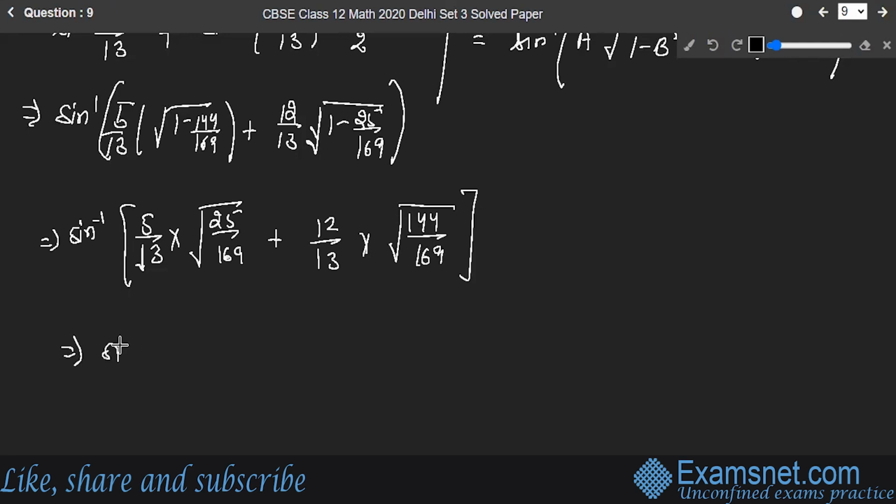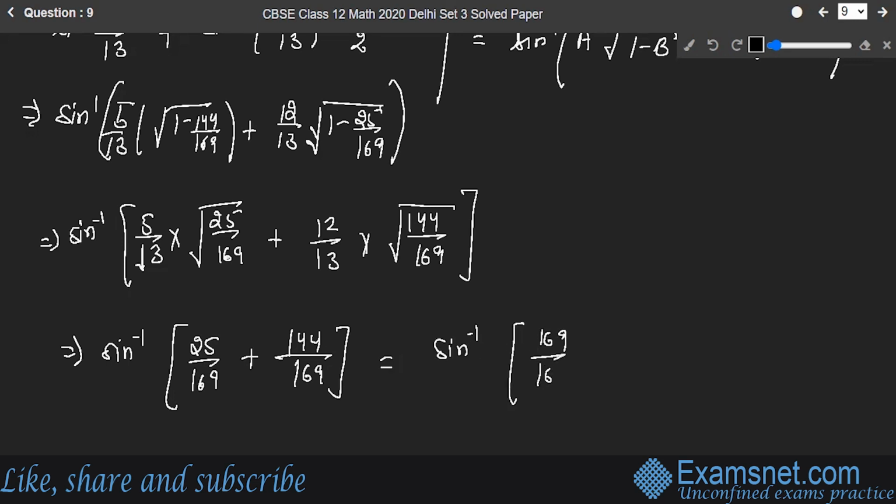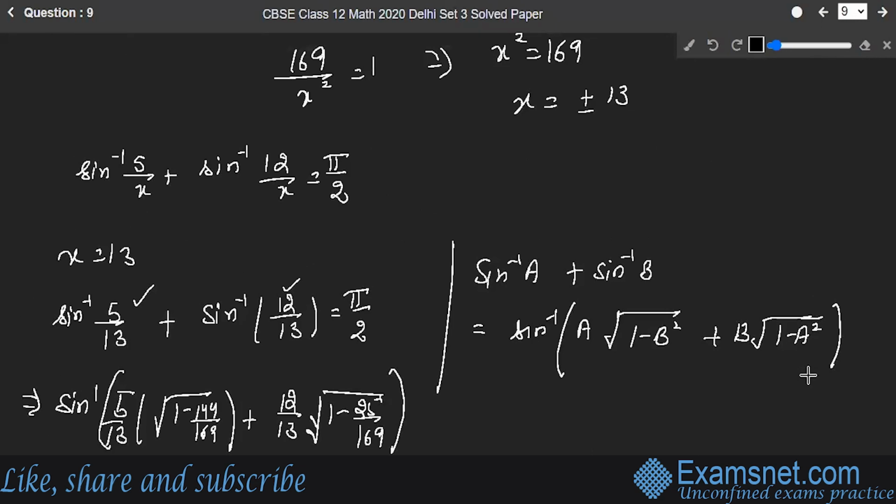So this is equal to 25 upon 169 and 144 upon 169, which is sine inverse of 169 upon 169, or sine inverse 1. You know, sine inverse 1 is equal to pi by 2. So x is equal to 13 is satisfying the given equation. That means this is one of the answers.